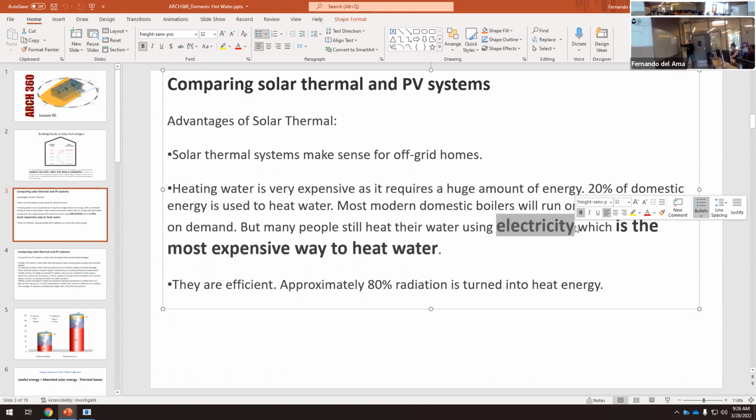So using this electricity from the grid to heat up water is the worst business that we can have, especially if we are burning fuels to generate electricity. So here we have an 80% efficiency. We are losing 20% of the energy that we have in this fuel.